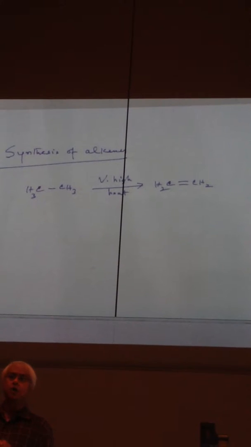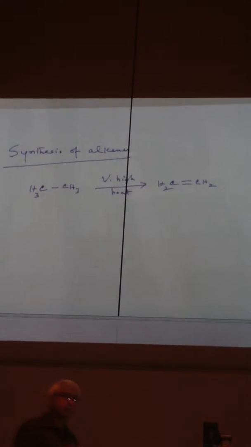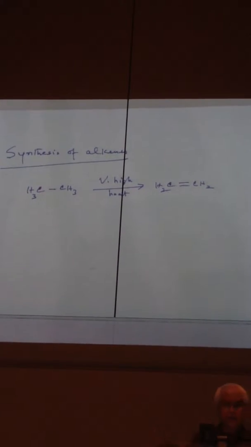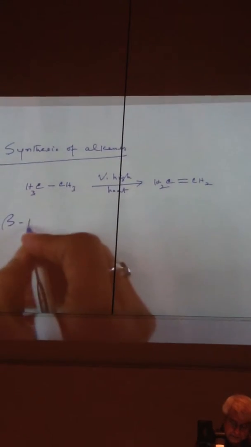Okay. So this process typically can be done in a variety of different ways. The industrial method is using a very high heat. And these type of reactions are called beta elimination, or 1,2 elimination.